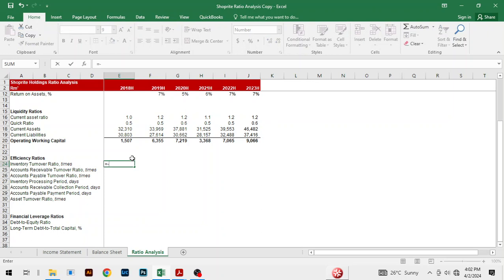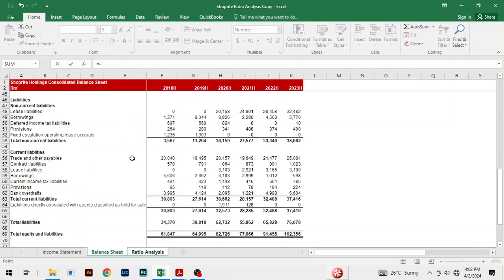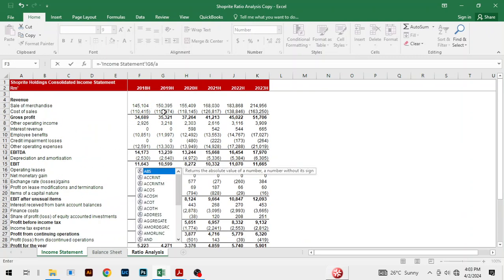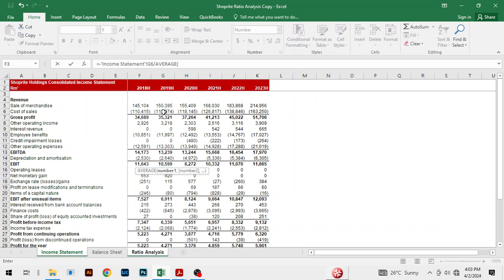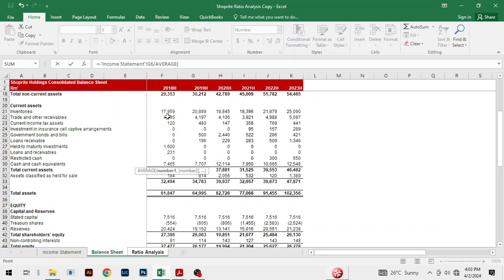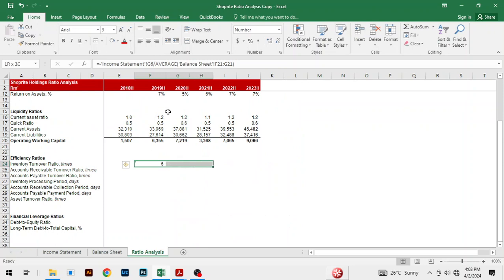So here we just put a negative there because, I think to use average inventory we start at 2019. In 2019, average inventory, negative there. So let's select that and then divide it by average inventory. Okay, so average inventory, we can get it here. Then that's fine. We copy that to the right.